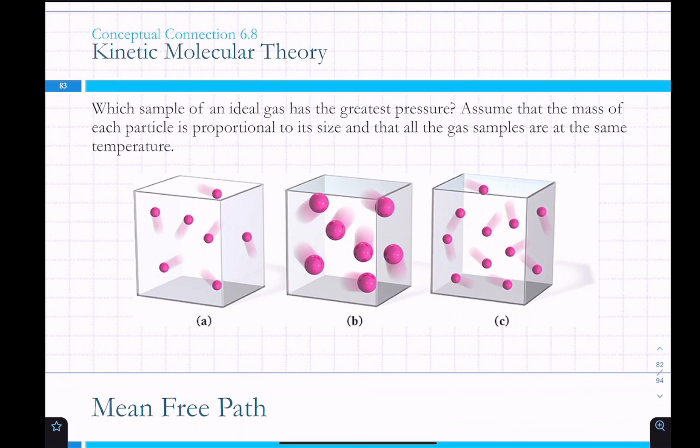So 3 times 8.314 times 298.15, divided by 0.00202. Oh, right, because that's the average speed.